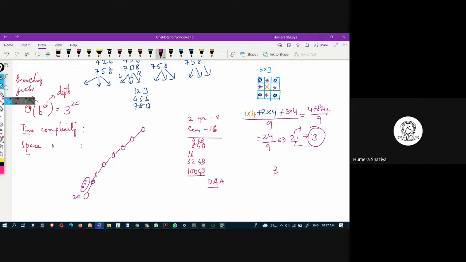Exhaustive or uninformed. If you explore all the options available, this is a very big number. You get 3 to the power of 20, which is a very large and huge number. So many options, if you explore, it takes more time and more space.